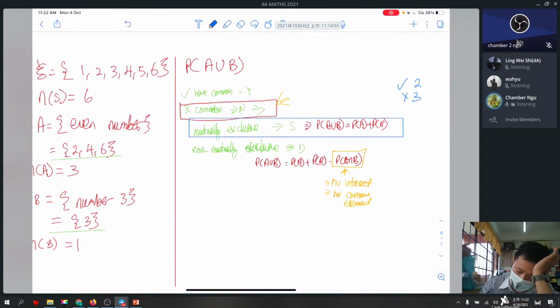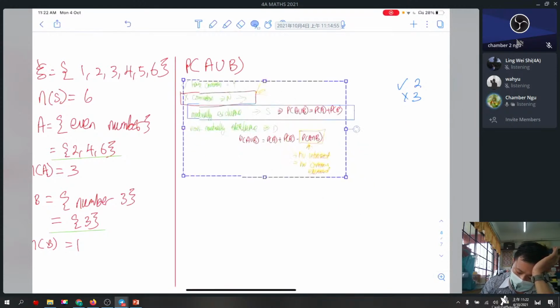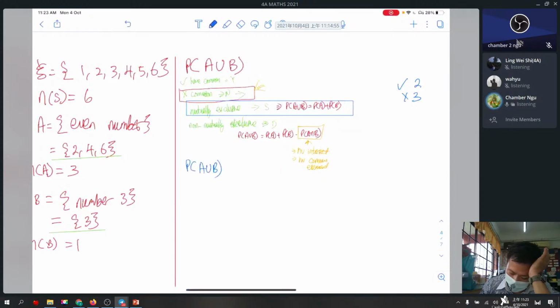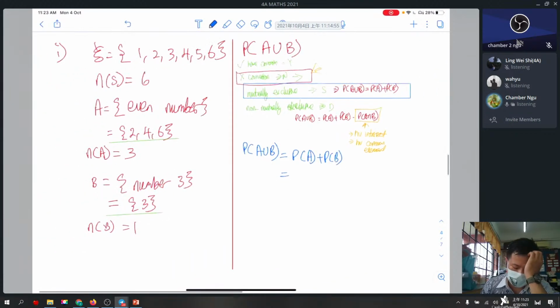Okay. So all these terms, you have to remember lah. So if we want to find A union B, and we know that this is mutually exclusive, we only need to find probability of A plus probability of B, because we don't have the common element.